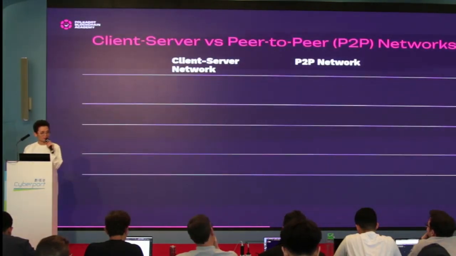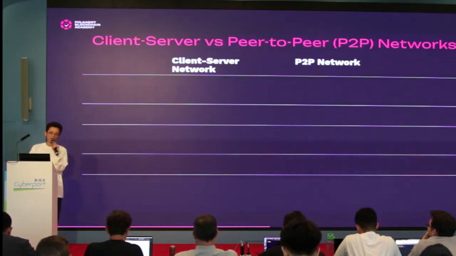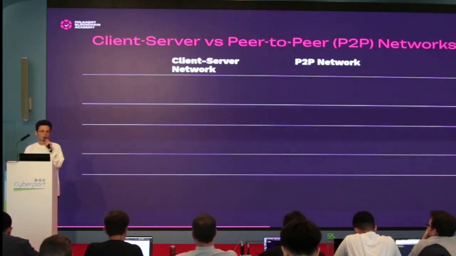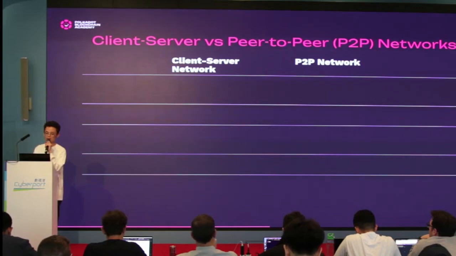And let's have a comprehensive comparison between the client-server model or network and the peer-to-peer model or network. The client-server model is Meta or X. You have the centralized platform and databases providing the services, and you, as the end device or client, will enjoy the services provided by the servers.